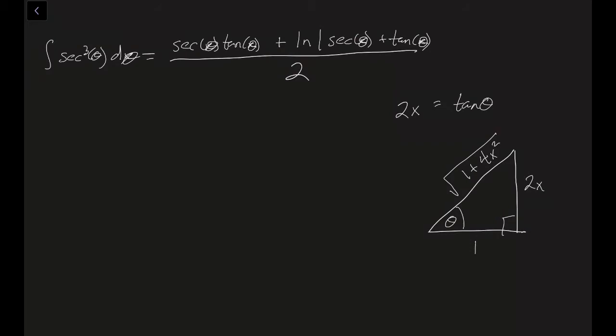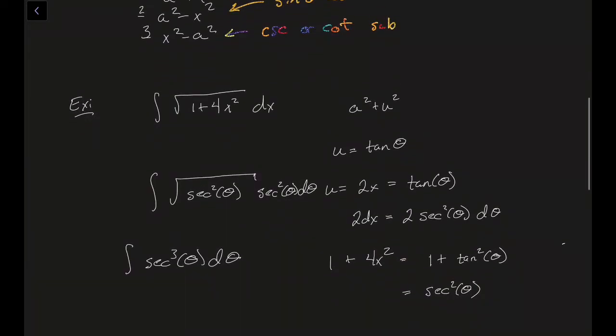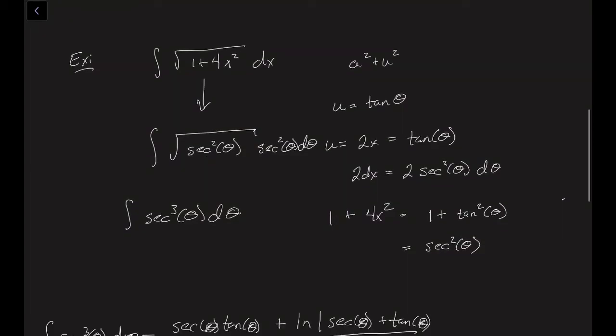So if 2x is tangent of theta, then secant of theta is the hypotenuse over the adjacent side, so that is going to be the square root of 1 plus 4x squared, which we've already seen right up here with our substitution.